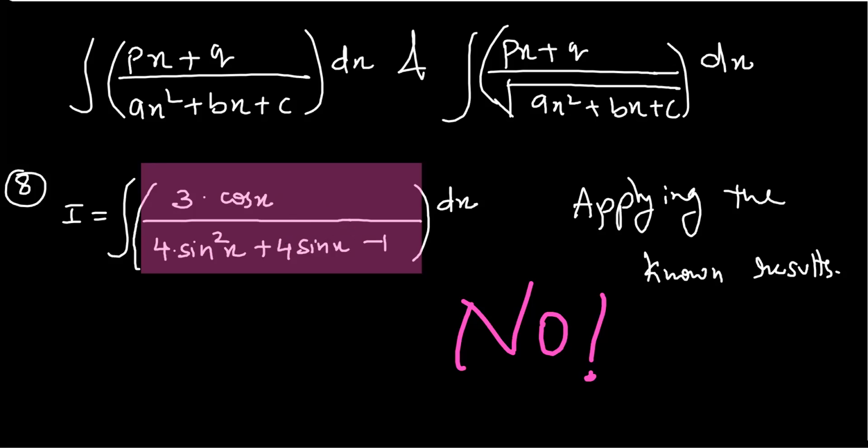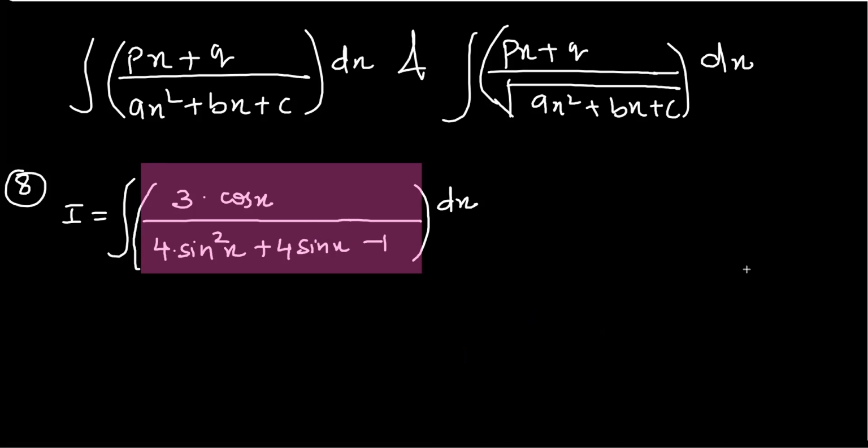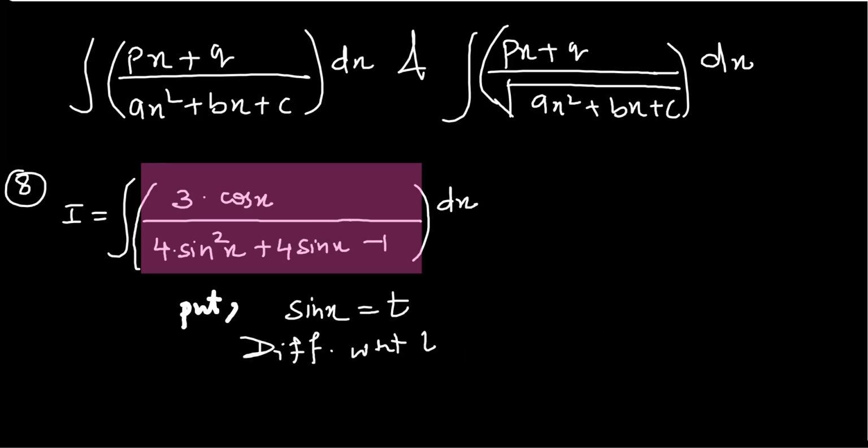So what I will do, students, I will go for transformation. Now the transformation thing happens in many ways. So let us start with transformation. The first thing that I write is, put sin x equals to t. Then I will differentiate with respect to x.